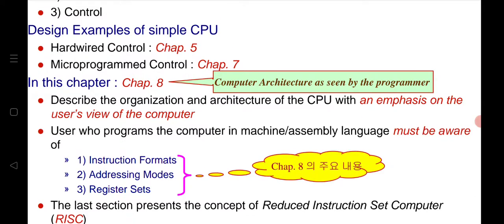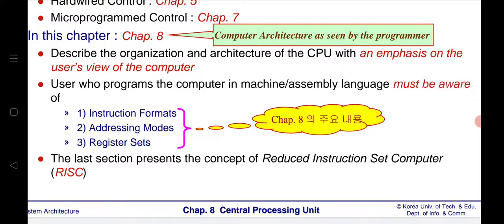Now, as a programmer, what you need to know: users who program a computer in machine or assembly language must be aware of the instruction set, instruction formats, addressing modes, and register sets.